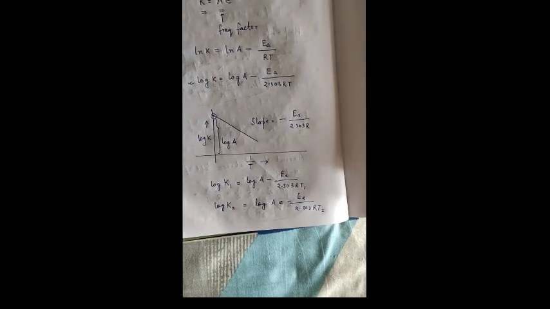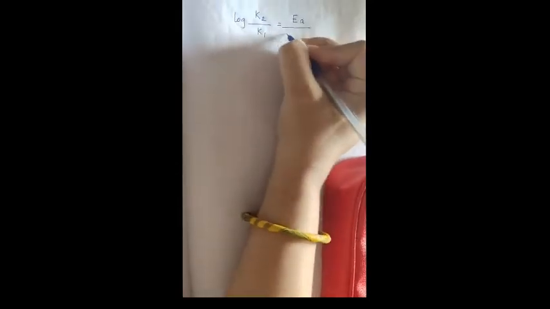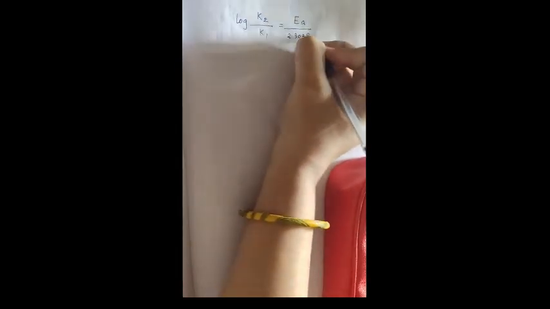Suppose it is told that 50% of the given quantity of reactant has been decomposed, or 25%, or 75, or 63 percent. Then F represents the fraction and FA is the amount of the reactant decomposed, or in general we can write 1 by (1 minus F), where F is the fraction.